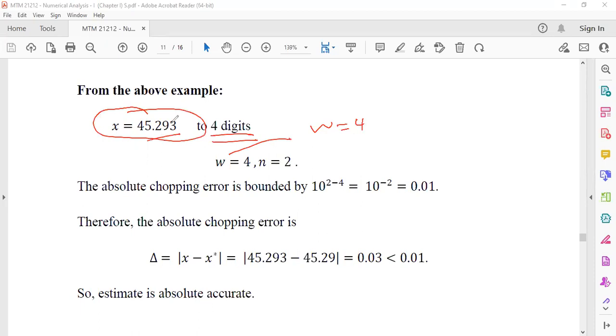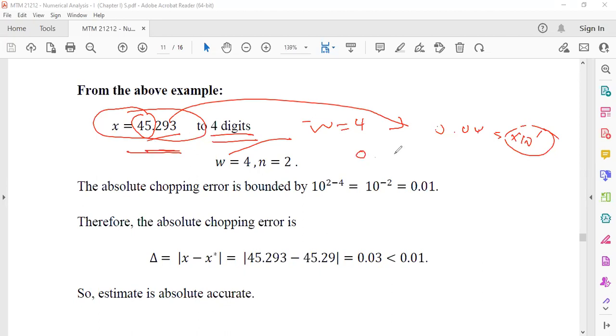So they are right. They have written it in this way, because one of the students asked a question: can we write this as 0.045 times 10? Rather than that, if they give it to you this way, you have to make it into 0 point that one.